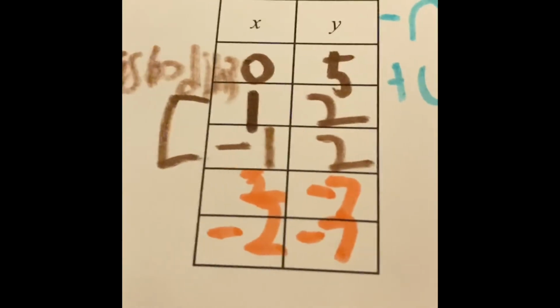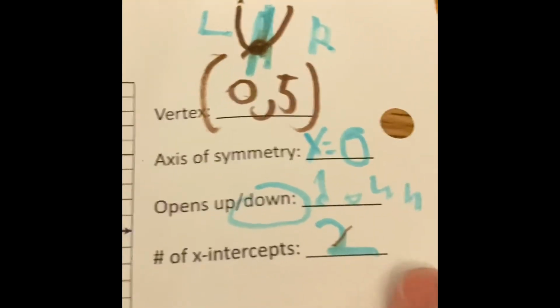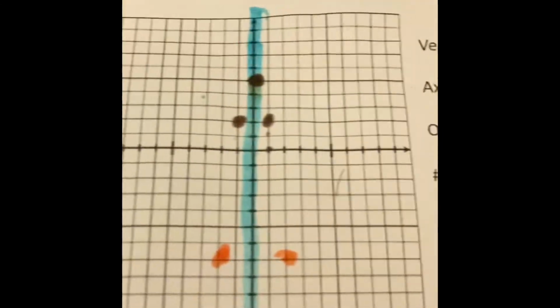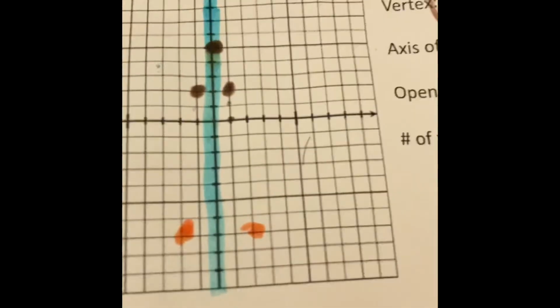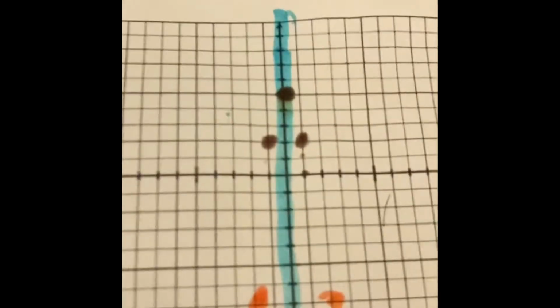Since we have a lot of information from the table and understand the analysis for the parabola, now we actually get to do the final step, which is making the parabola. So what we're going to do is start at the vertex, trace with your pencil or pen, and make your parabola.